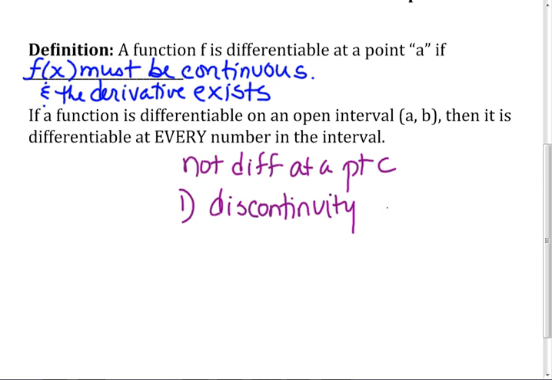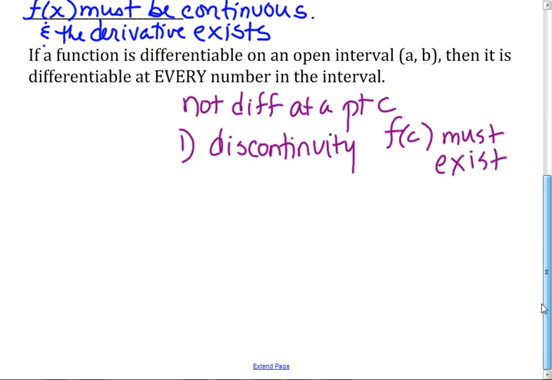Does it make sense that f of c must exist? If you have a hole, how can you take a derivative where there's a hole? Certainly the limit exists, but can the derivative exist there if the function doesn't even exist there? No, it doesn't even make sense, does it? Okay, so to be differentiable, the function must be continuous.